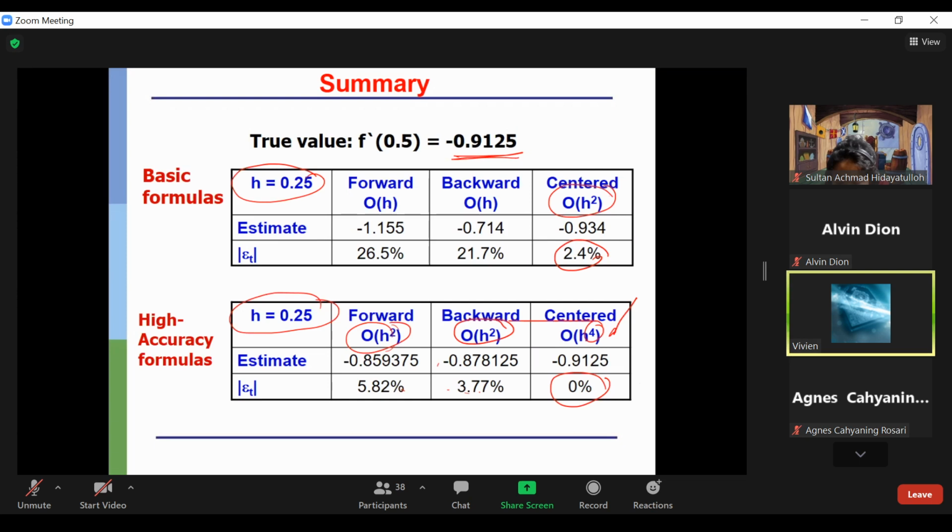Okay. Right, so this is a review of numerical differentiation. You have learned about this before, and we've seen just now an example of comparing these schemes and also the level of accuracy. What we've learned here, we will use in solving differential equations. So I will continue to the next slide. I will close this first.